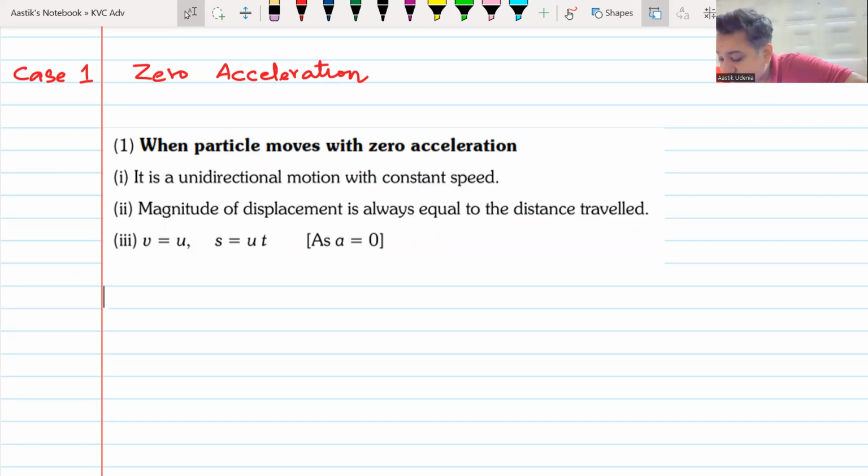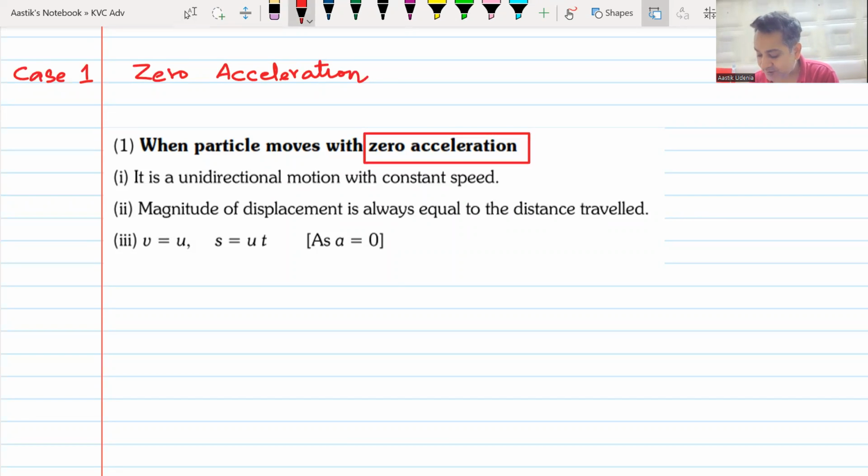Now, what will happen when the particle moves with zero acceleration? Everyone understands this? Its acceleration is zero, so it will move in the same direction with uniform or constant speed, or I can say the velocity of the particle would be uniform.